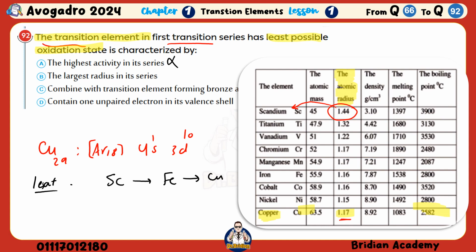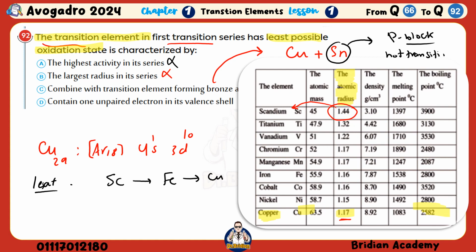So it is not the largest, it is the smallest one. Combined with a transition element to form bronze alloy? No, because bronze alloy is composed of copper with tin, and tin is located in the B block, and it is not a transition metal. So choice number C is incorrect.